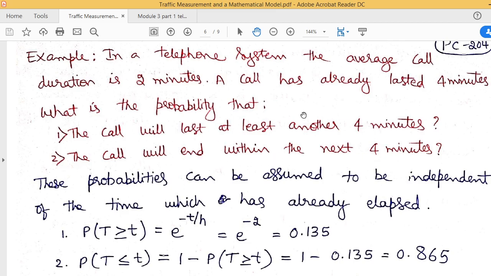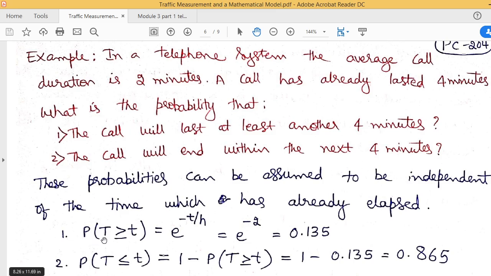So all those things are independent of the duration it has already lasted. So this data is not required at all for calculation of these two components.